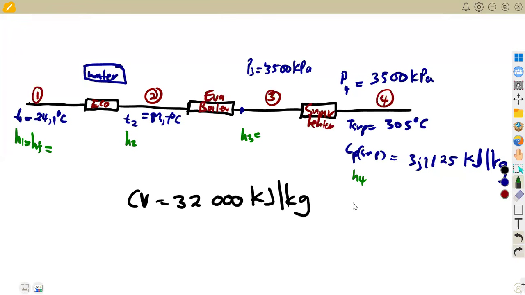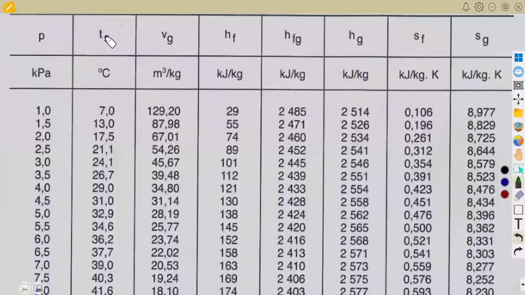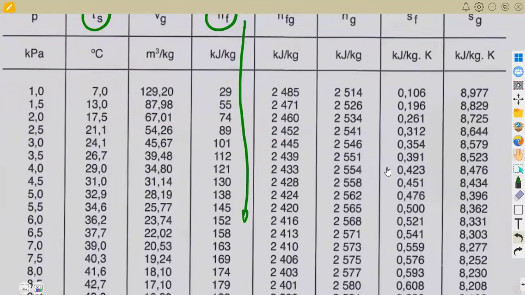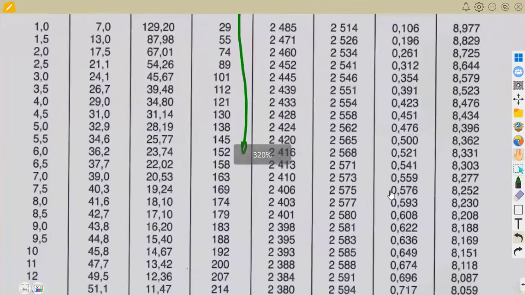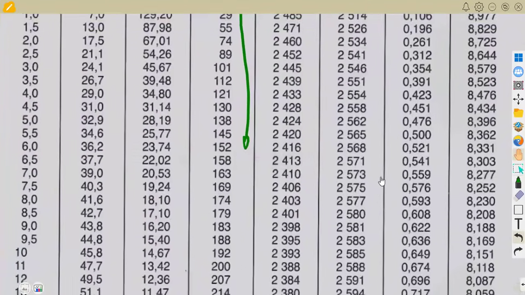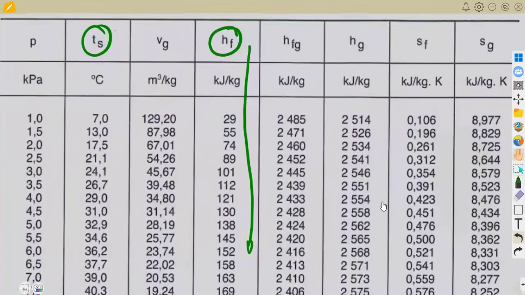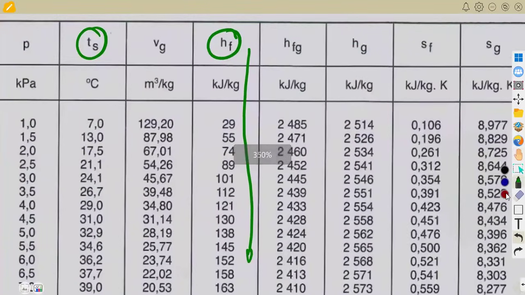At this temperature, like I said before, 24.1, let us go and find Hf. Let us just finish this part of H1 and H2 because they are direct. Under the saturation temperature, we need to find Hf, which is the enthalpy of the water. Remember we said our temperature is 24.1. Do we have that here? Here it is, under the temperature.